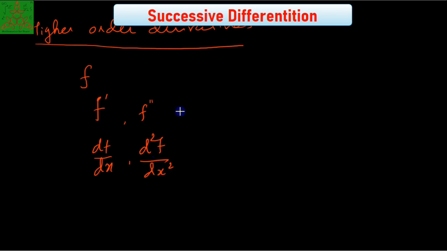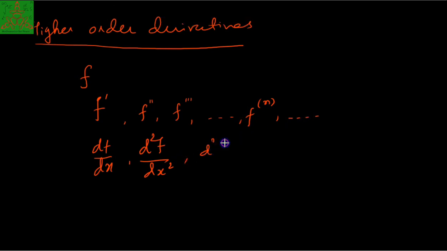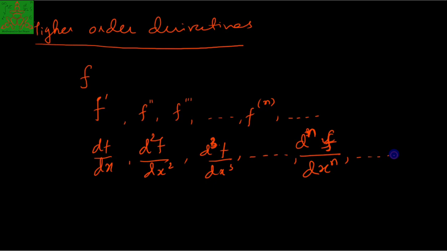The successive derivatives of f are represented by the symbols f dash, f double dash, f triple dash, and so on, up to the nth derivative of f, or d cube f by dx cube, up to d power n y by dx power n, and so on.